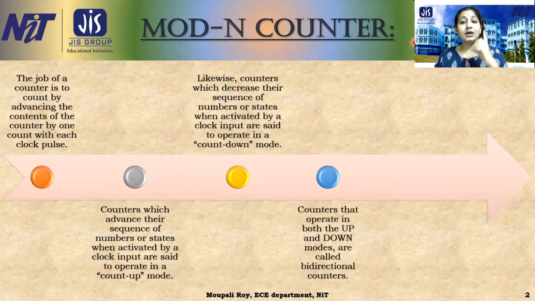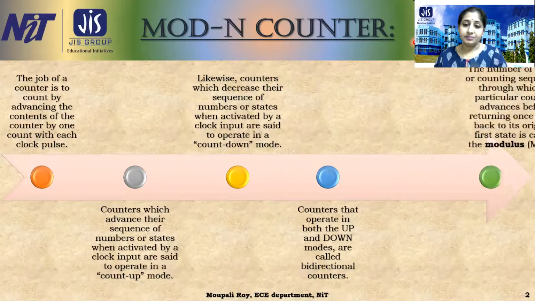That means using a single counter we can count up and count down. Otherwise, if a counter can only count up, it is called an up counter. If it can only count down, it is called a down counter. But if a counter can count both up and down, then it is called a bidirectional counter.